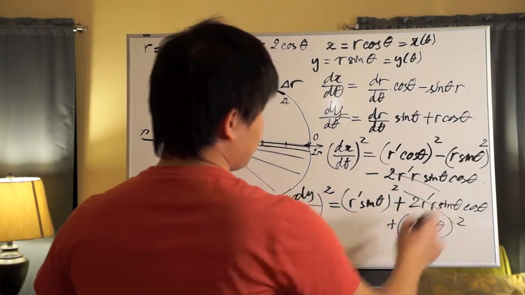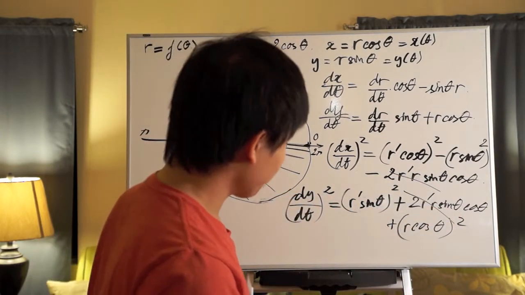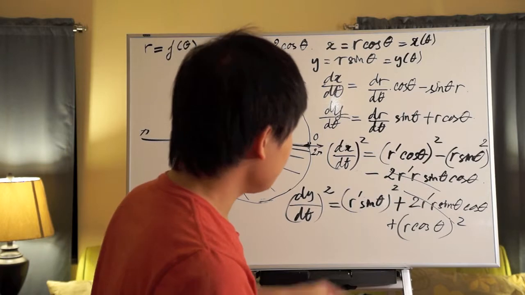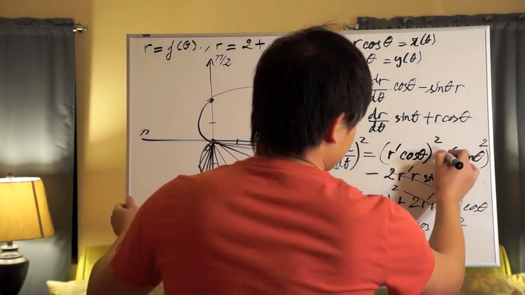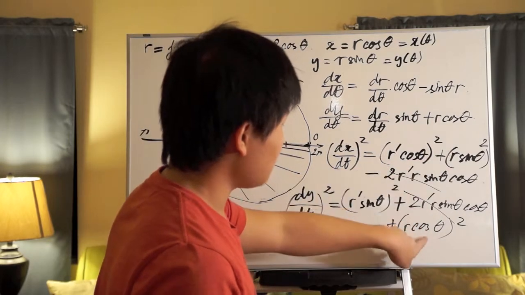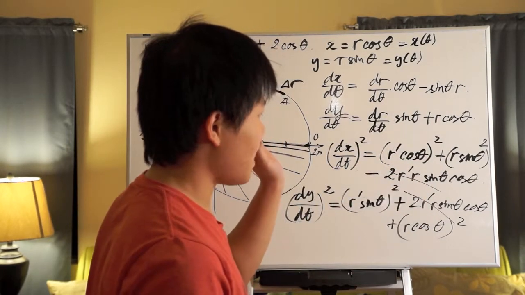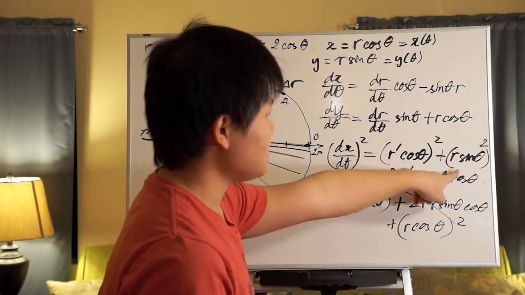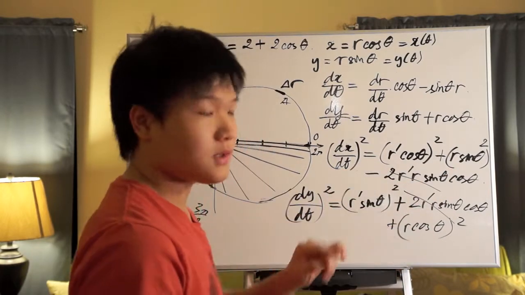So this cancels. Then the r squared terms: you can put r squared outside, sine squared plus cosine squared is 1, so it becomes r squared.